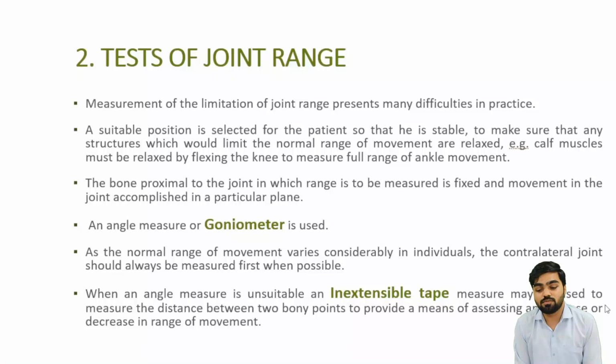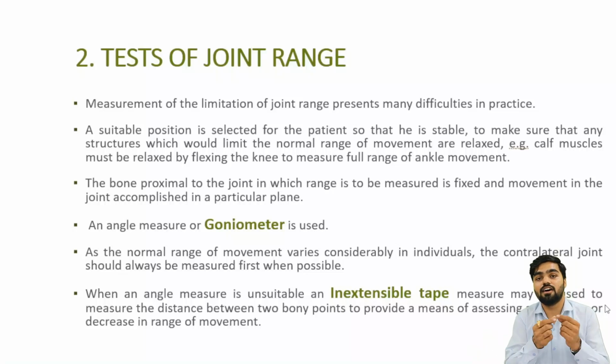As the normal range of movement varies considerably from person to person, there will be thin patients, thick patients, or fatty patients. So if a fatty patient is there, the range of motion of some joints might be altered. So when an angle is unsuitable, an inextensible tape measure may be used. Ideally we will use a goniometer, but in some cases the goniometer is not able to provide a measurable range of motion.